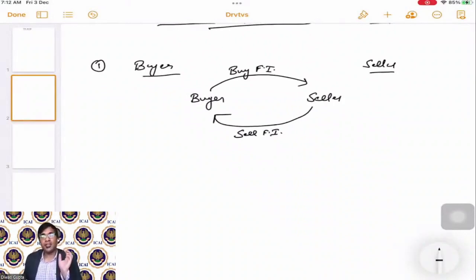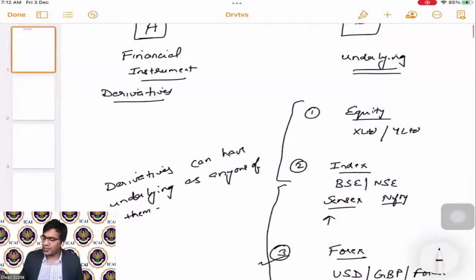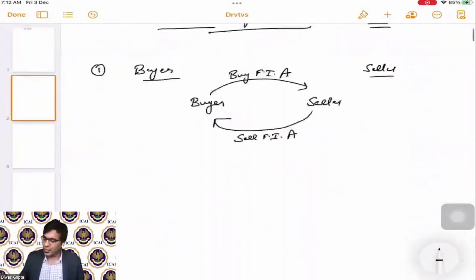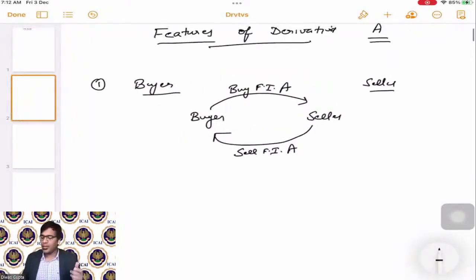But we have to remember that here, the buyer is not buying the equity share. The seller is not selling the equity share because that is an underlying. What the buyer is buying is A. What the seller is selling is A. Because there can be a separate buyer and seller for the underlying, which is the equity. But the buyer and seller of A will also be there as a feature of the derivative.